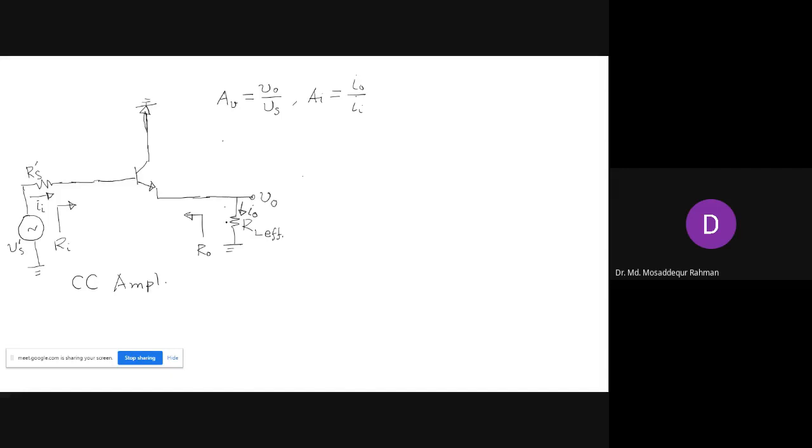So this is how the circuit can be reduced to the simplified circuit for the common collector amplifier. Any question, guys? No, sir. Okay, so let's move on and we'll now see the common base.